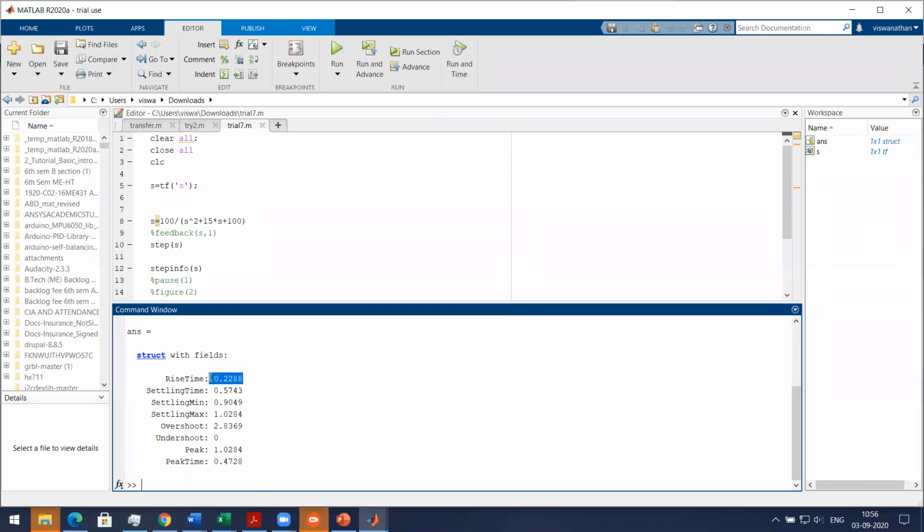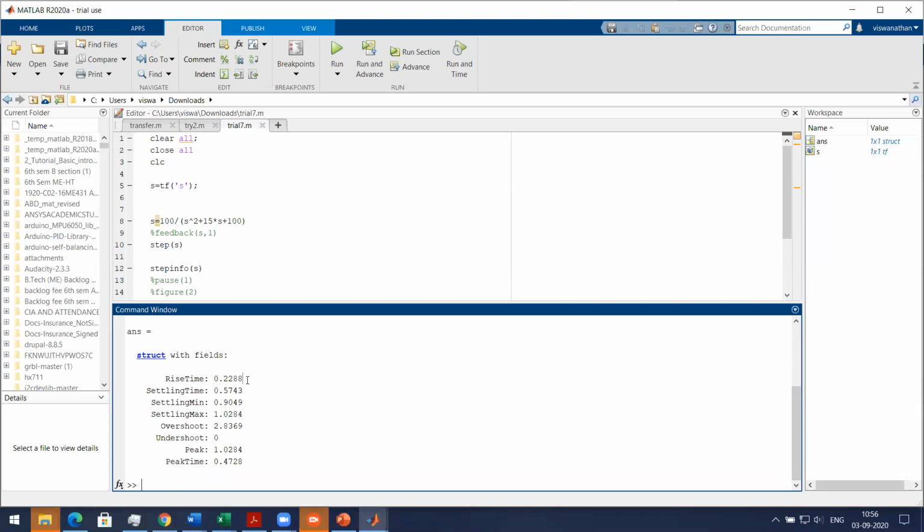Only the rise time is not fine. So why this rise time is not fine is that MATLAB takes rise time as 10% to 90% of the time that it takes to rise. That is how MATLAB defines the rise time. But we take 0 to 100%.